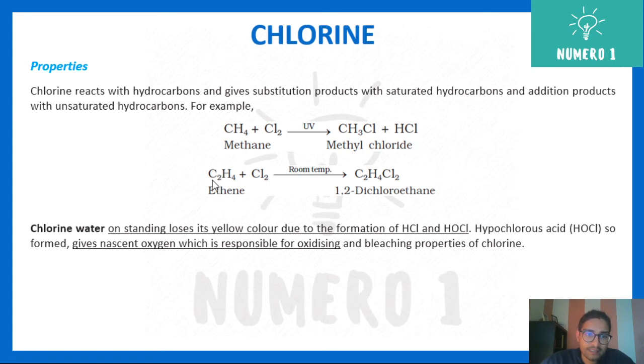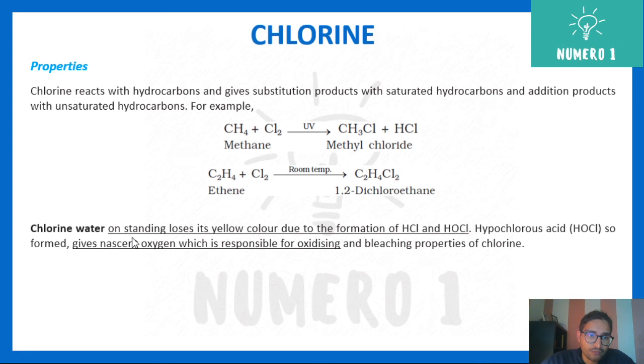If it is ethene, that is C double bond C, chlorine at room temperature gives 1,2-dichloroethane. This is your addition reaction, where you are adding chlorine on both the carbons, whereas in the previous case you are substituting the hydrogen with chlorine.